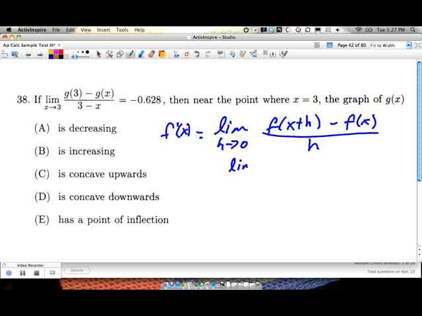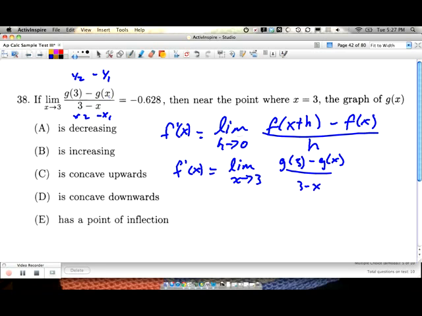We're looking at the limit as x approaches 3 of g of 3 minus g of x over 3 minus x. That also equals f prime of x. How do I know this? Well, this is really just slope formula. We got y2 minus y1 and x2 minus x1. So we're looking at slope, but this slope is becoming so instant.